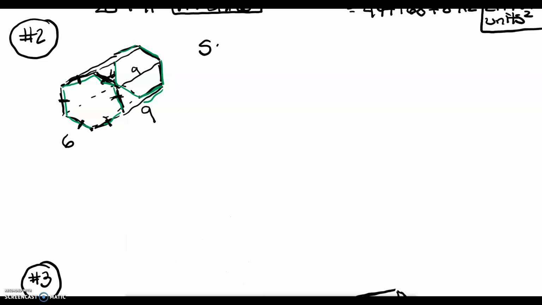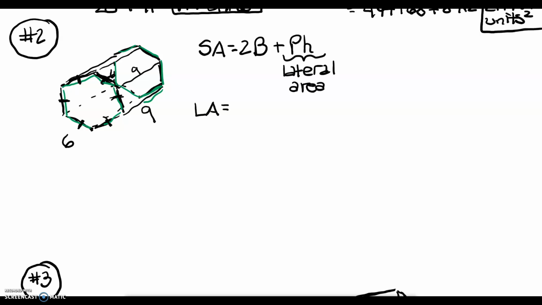The formula for surface area was 2 times the area of the base plus the perimeter of the base times the height of the prism. So we said earlier that this is the lateral area. We're going to find the lateral area by calculating the perimeter of the base and multiplying it by the height. And we call the lateral area LA.